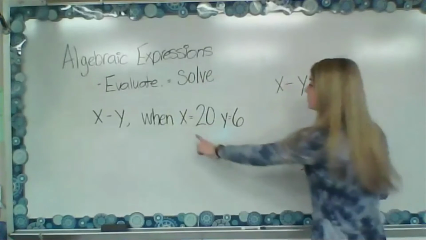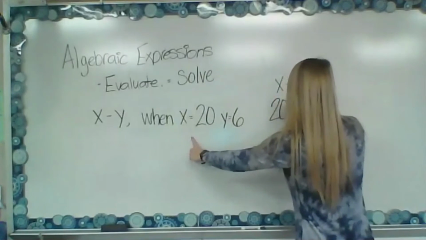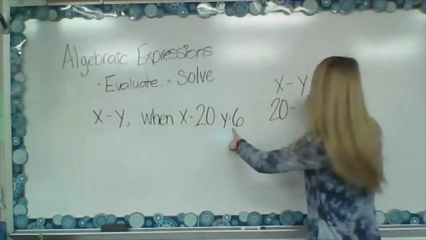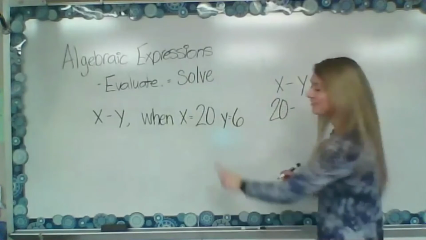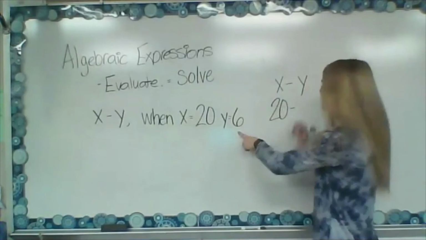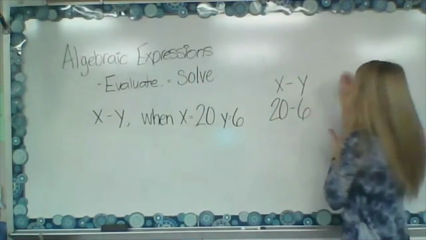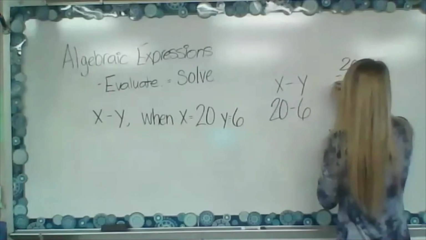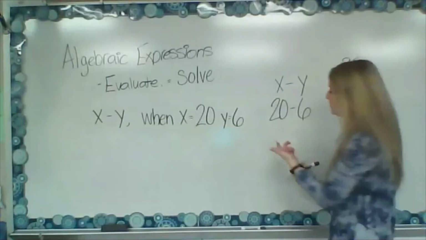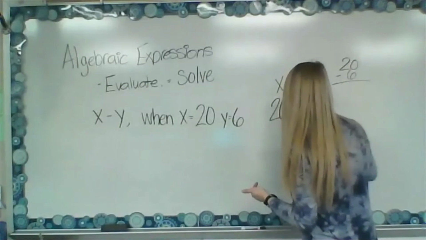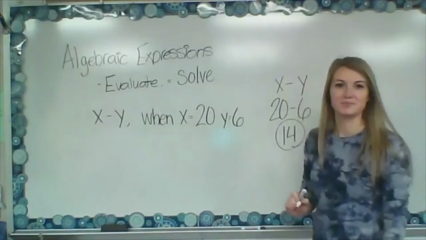What does x equal? 20. What does y equal? 6. So I'm going to put 6 there. And then we just subtract. What's 20 minus 6? You can do it off to the side here if you need to. Otherwise, we know that that is 14.